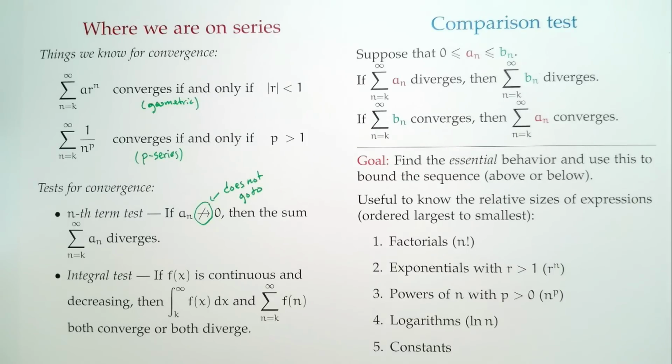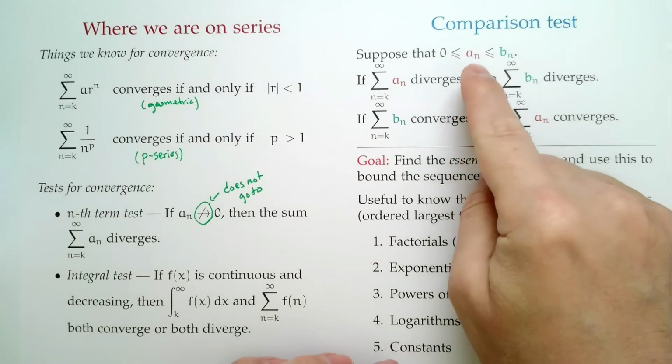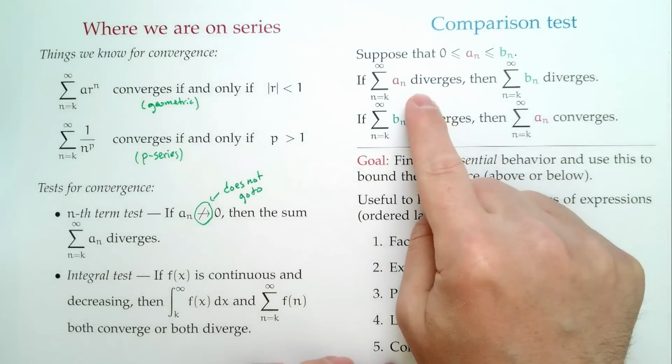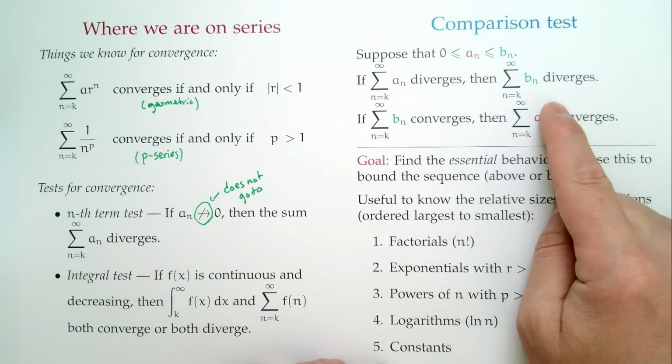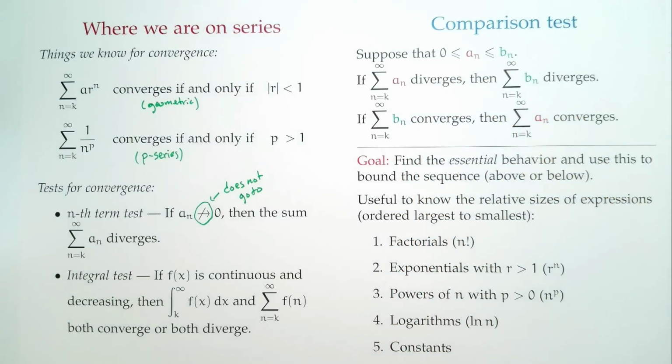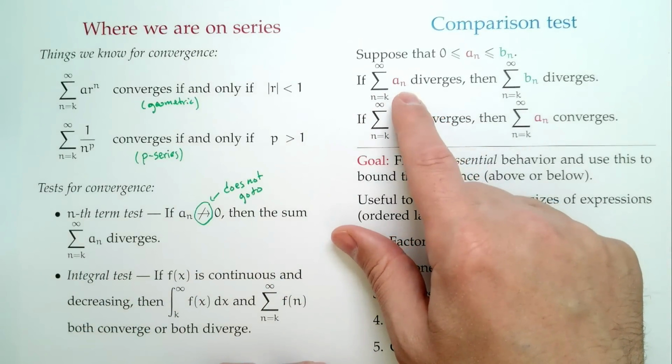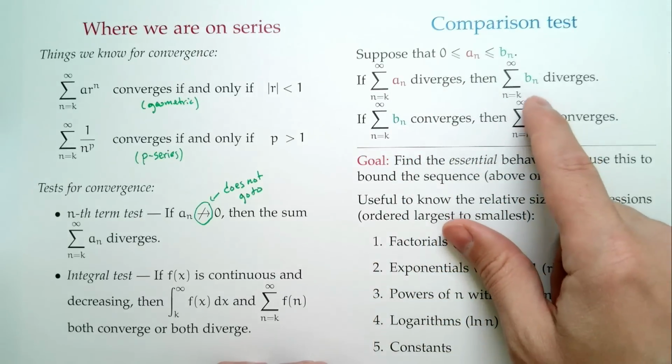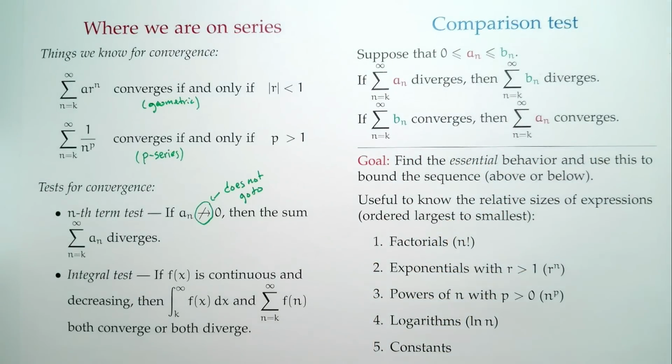Suppose that if we add up the a n, that diverges. What happens when we add up the b n? If a n diverges and a n was positive, the only way it could diverge is if when we added everything up, it was infinitely big. So if there's an infinite amount of stuff here, there has to be an infinite amount of stuff there. So if the sum of a sub n diverges, then the sum of b sub n diverges.